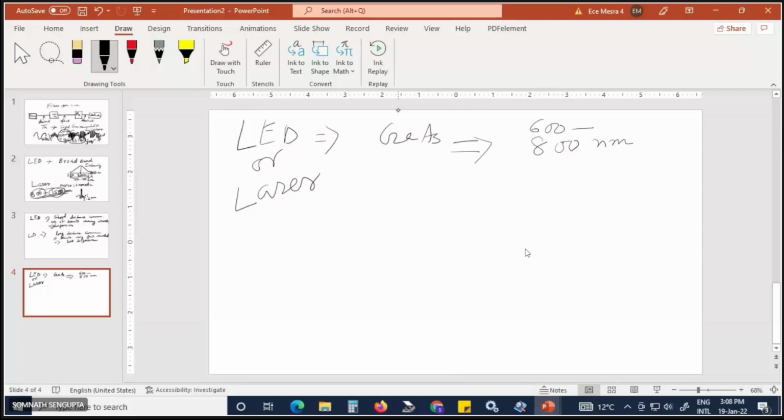But when the ternary alloy, and then indium gallium arsenide phosphide, quaternary, came, this allowed the fiber to operate at 1550 nanometer, the long wavelength region, that is quaternary.